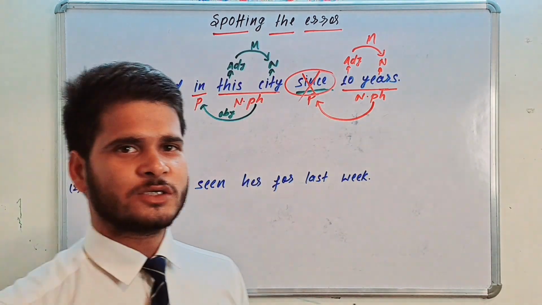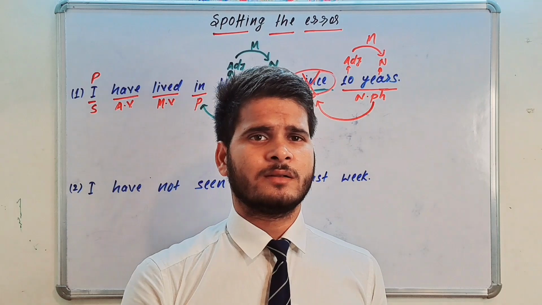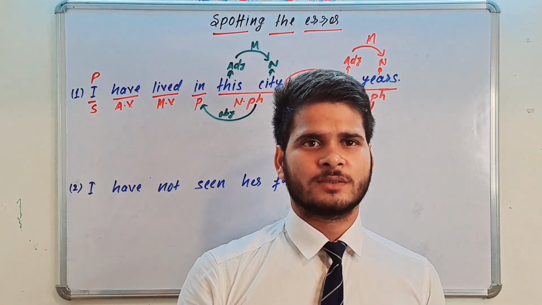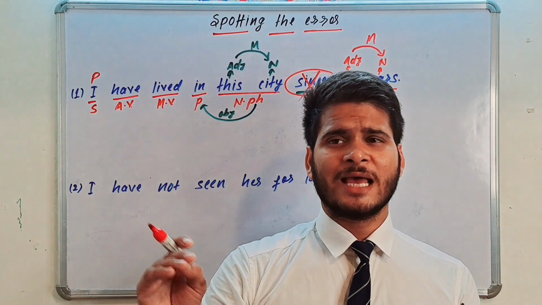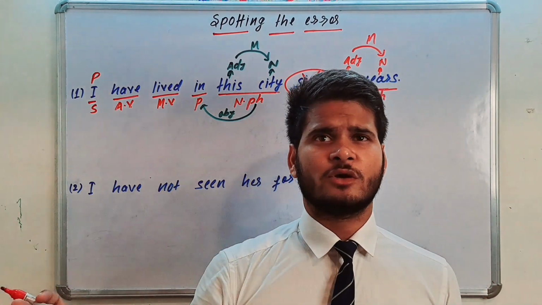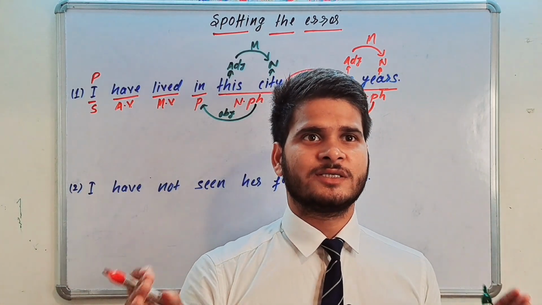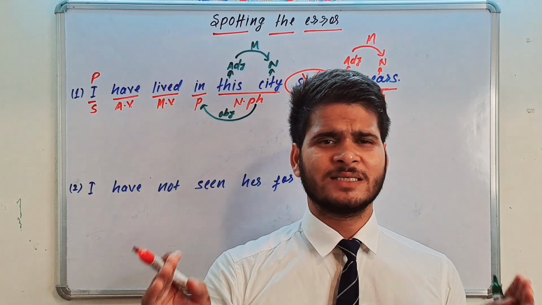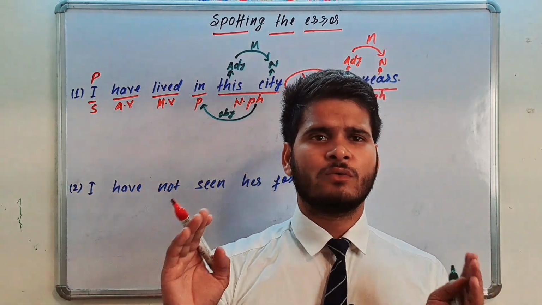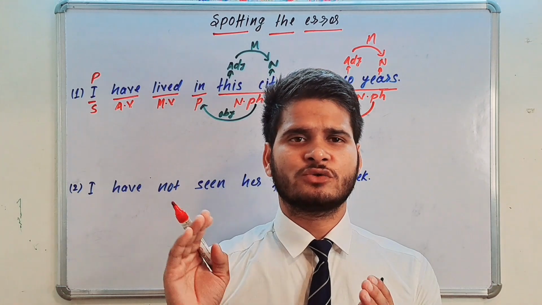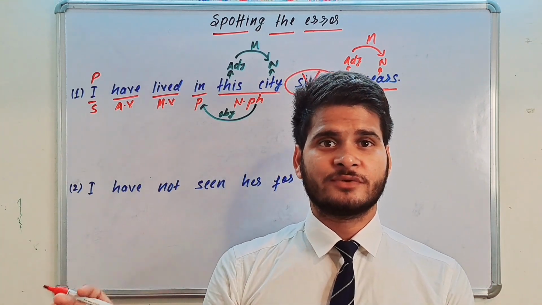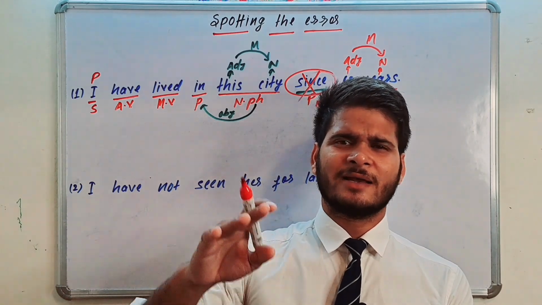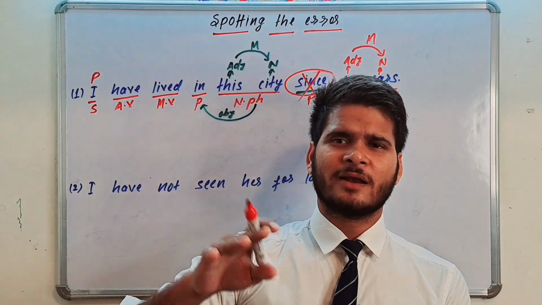First, know the golden rule of English grammar. The preposition since is used to denote what? A point of time, an exact point of time, a starting point, like since 1990, since 2004, since 2000, since Monday. So we use the preposition since to denote a starting point of time, the exact point of time when that incident started happening.